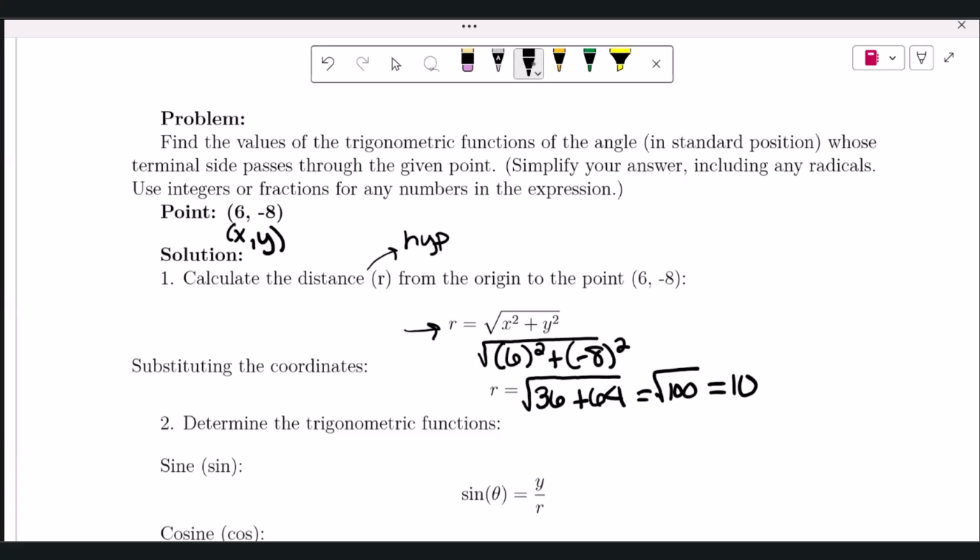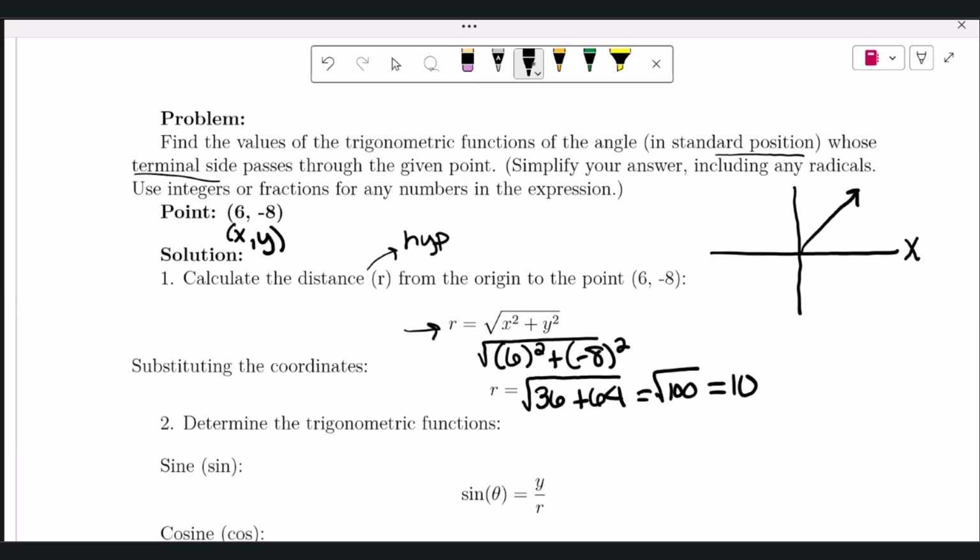Now I want to step back for just a minute, because in our question it says in standard position and a terminal side. What that's talking about is if we looked at a coordinate system, the standard position is when one side is on the x-axis.